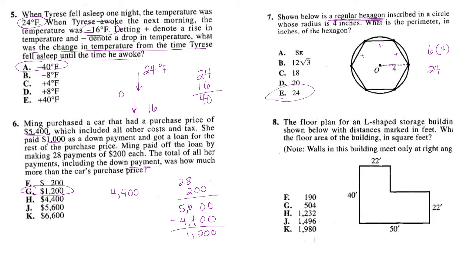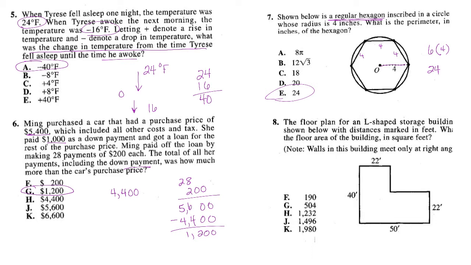Okay, so here on number 8, we have a floor plan that's shaped like an L. And we want to know the area. What is the area in square feet? All right, so that looked like it got cut off a little bit, so I had to look back. A couple of ways we can do this.